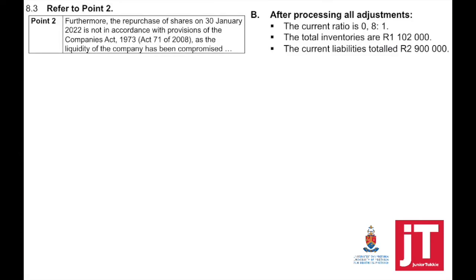Question 8.3, refer to point number 2. If we look at point number 2, furthermore, the repurchase of shares on 30 January 2022 is not in accordance with provisions of the Company Act, as the liquidity of the company has been compromised.